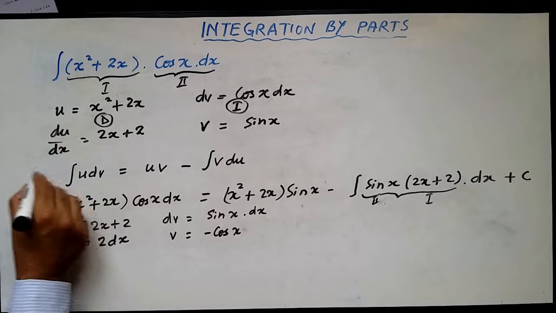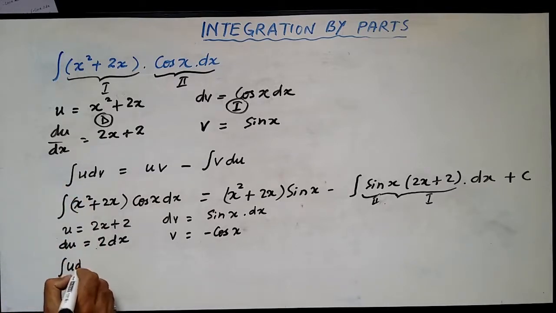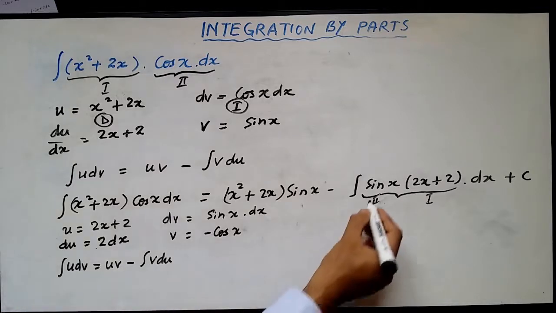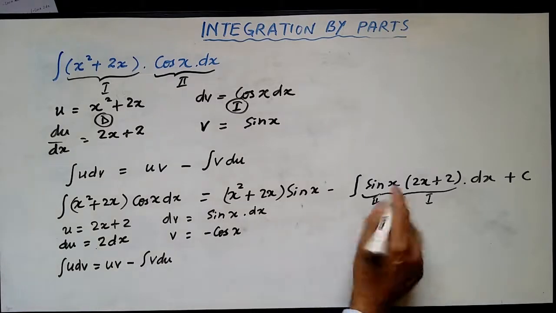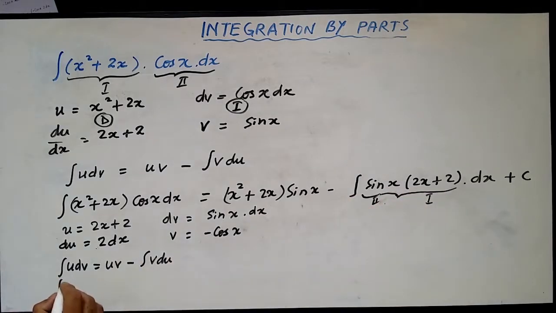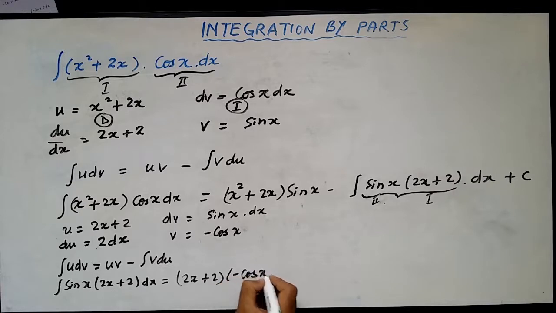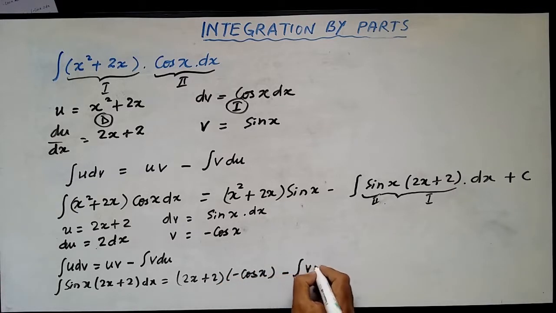So again we apply the same formula: integration of u dv is equal to uv minus integration of v du. So we get here the integration of sine of x into (2x plus 2) dx is equal to u, which is 2x plus 2, times v, which is minus cosine of x, minus integration of v du.